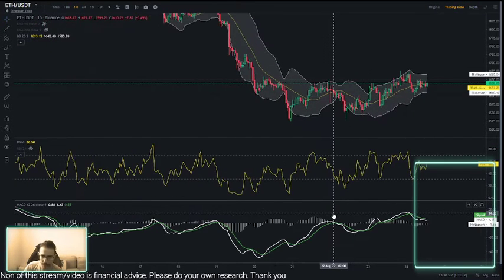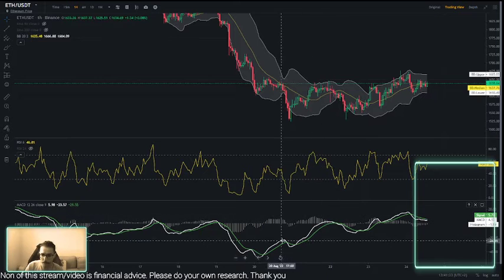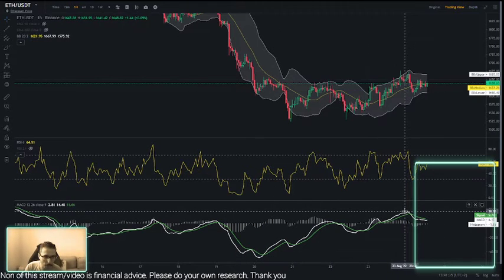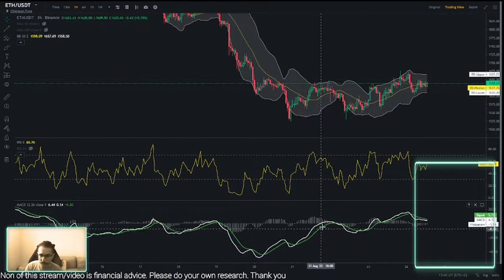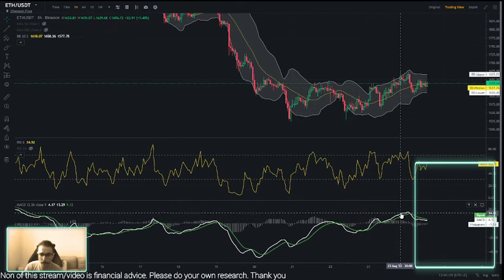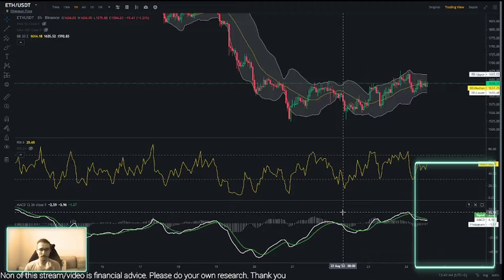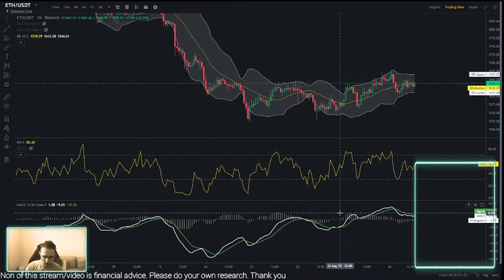Now, referring to what Binance Academy says, we can look at the overall trend of the MACD line and see if we are building higher highs or higher lows, and this could give us some hint about what the trend is and where we're going.